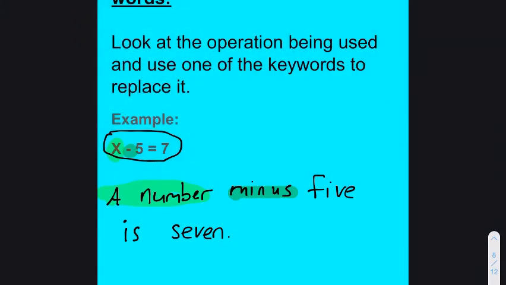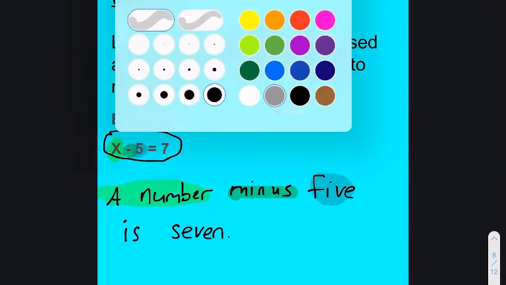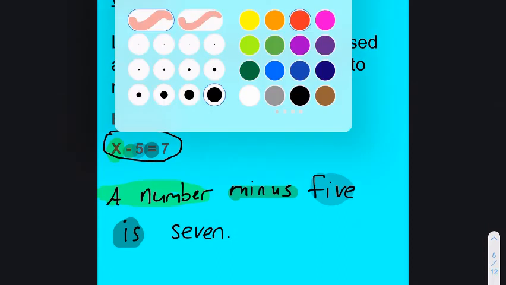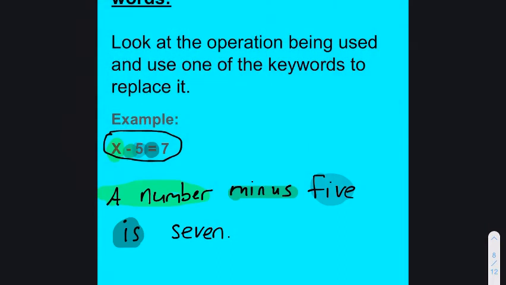Then we had 5, so we wrote 5. And then we had the equal sign, and the word that goes with an equal sign is the word is. And then lastly, we had the number 7, so we can write 7.